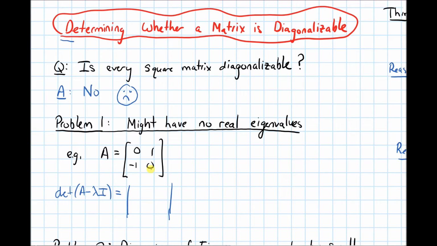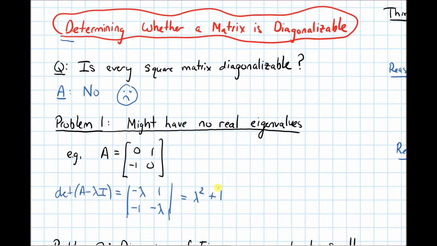So I subtract lambda from the diagonal entries, that gives us negative lambda and negative lambda. The other entries stay the same as 1 and negative 1. Taking this determinant now, if I multiply the two negative lambdas together, we get lambda squared, and then minus what we get when we multiply the 1 and the negative 1. That'll cancel out this negative and make this a positive 1.